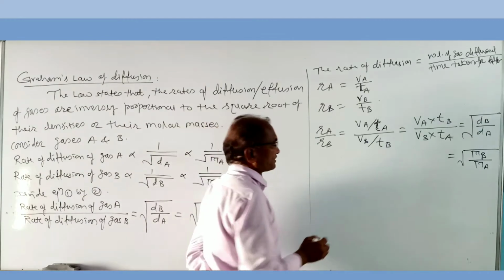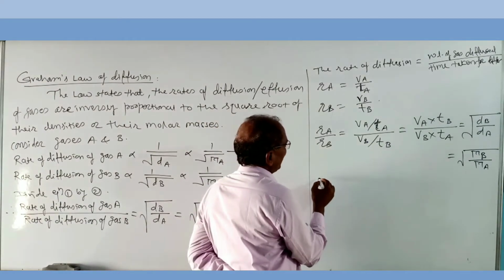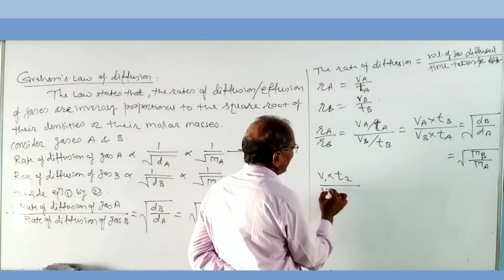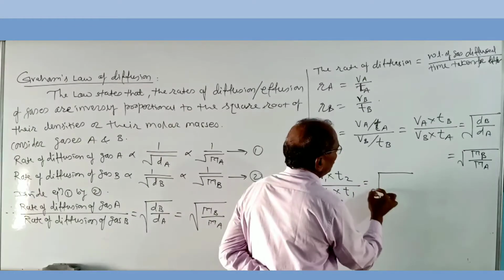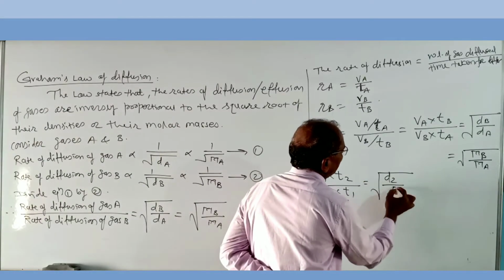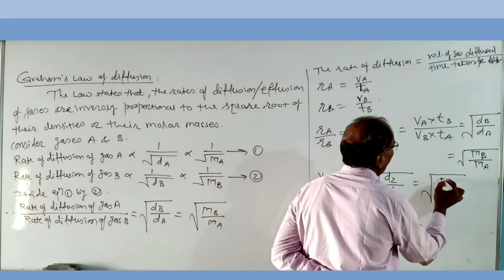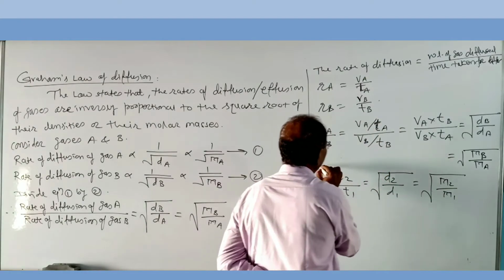Or instead of A and B, we can write also 1 and 2. Therefore, V1 into T2 divided by V2 into T1 is equal to square root of D2 upon D1 is equal to square root of M2 upon M1.